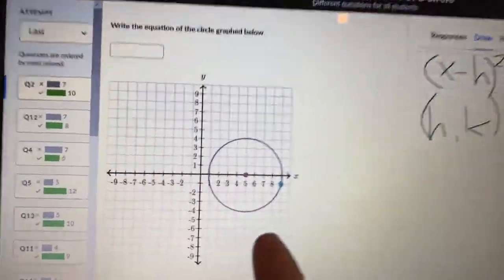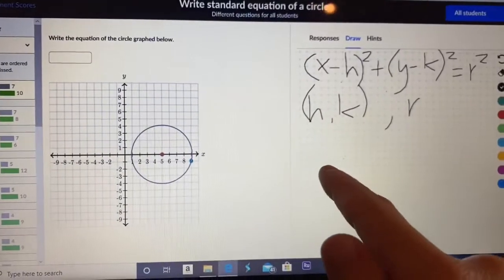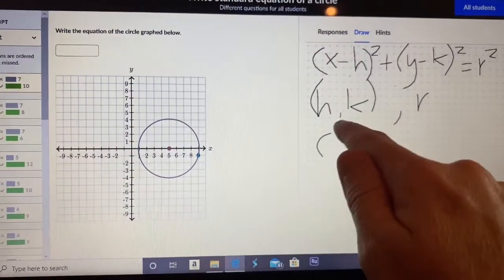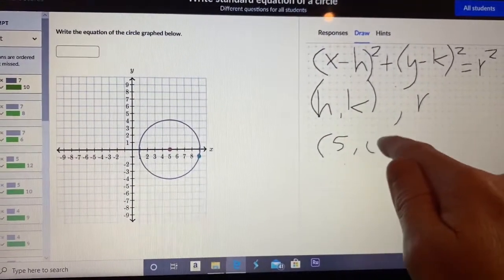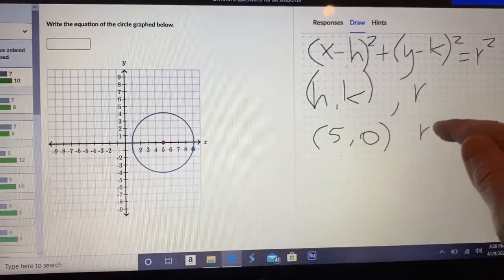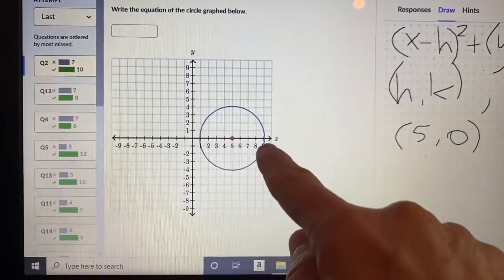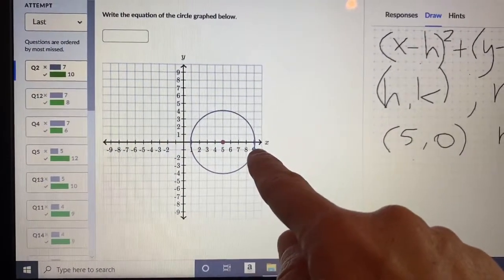When we look at this picture, you see that the center is at 5, 0. So I encourage you to write that down on your paper. Now the radius on this one's a little bit more difficult. Some of these are pretty easy because you can just count over, but notice this one just goes to the point 9, 1 also.